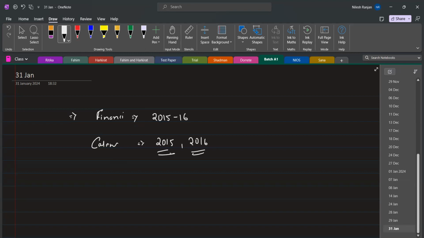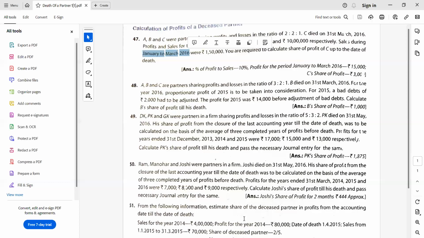So in this question, you can see that the financial year is not mentioned, and the calendar year also not, but the year is given in the format of calendar year. That's why I'm saying, if you take 12,000 into 3 by 12, you will get 3,000, and then 3,000 multiplied by 2 by 6 will be 1,000.